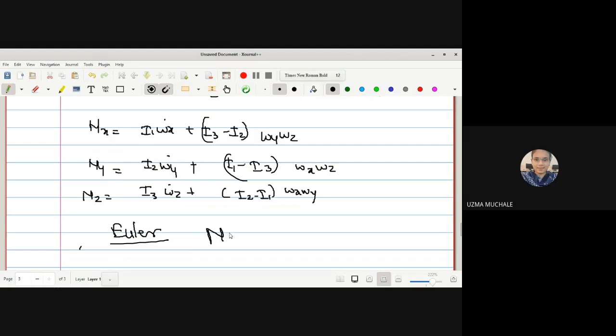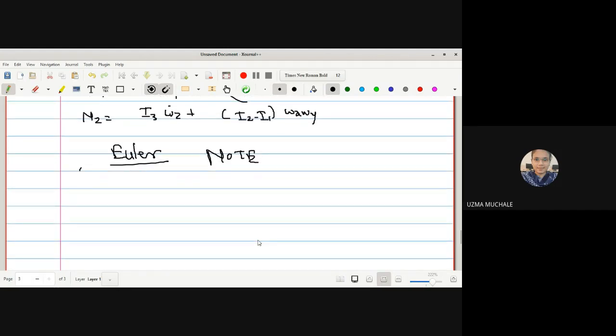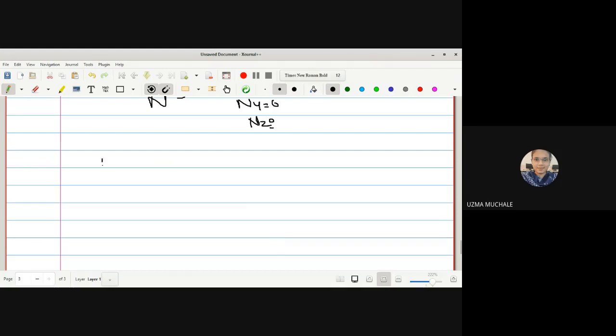And now let us write one note. As I said, these are related to Wx, Wy and so on. If I consider torque is 0, which means Nx is 0, Ny is 0, as well as Nz is 0, the above equations become I1 omega x dot equal to and so on.